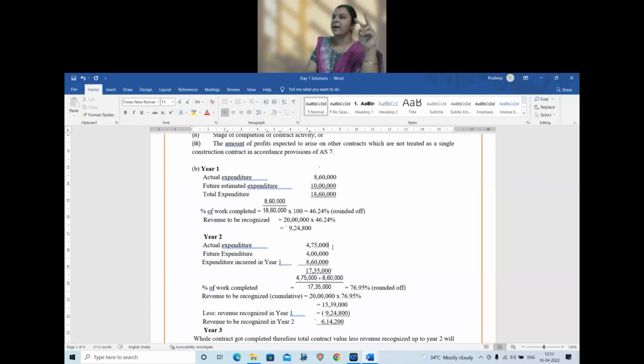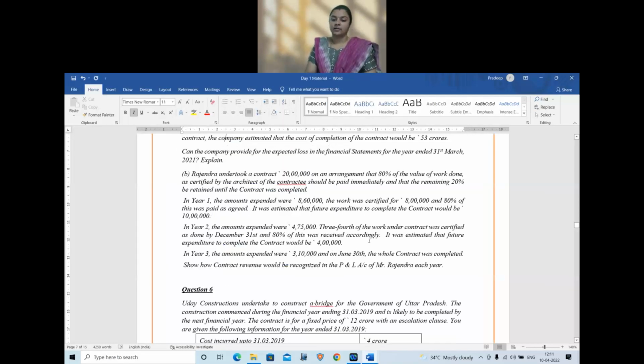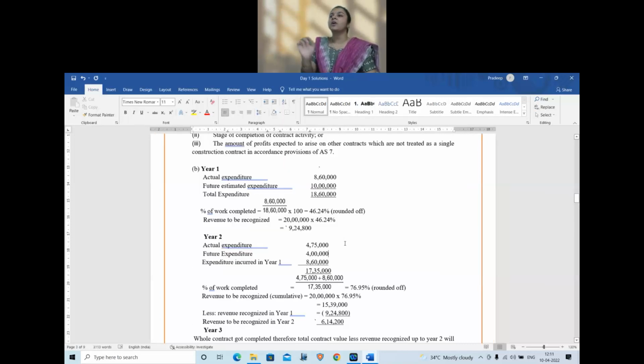Or you can combine both and write 8,60,000 plus 4,75,000. Next part of the question, estimated future expenditure will be 4 lakhs, giving you a total expense of 17,35,000. Is it still less than the contract price? Yes. So therefore, we will still go ahead and do the percentage completion.